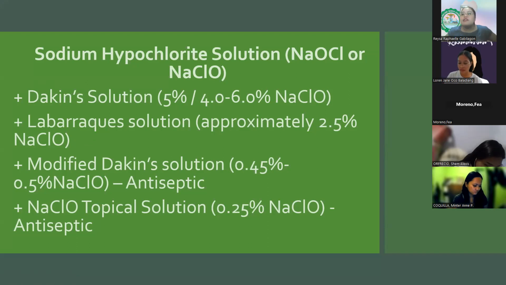So, iba-ibang concentration, iba-iba ang name ha. 5% or between 4 to 6%, that's Dakins. Pag 2.5, it's Labarox. Pag 0.45 to 0.5%, it's called modified Dakins solution. And ito na yung suitable for wounds.